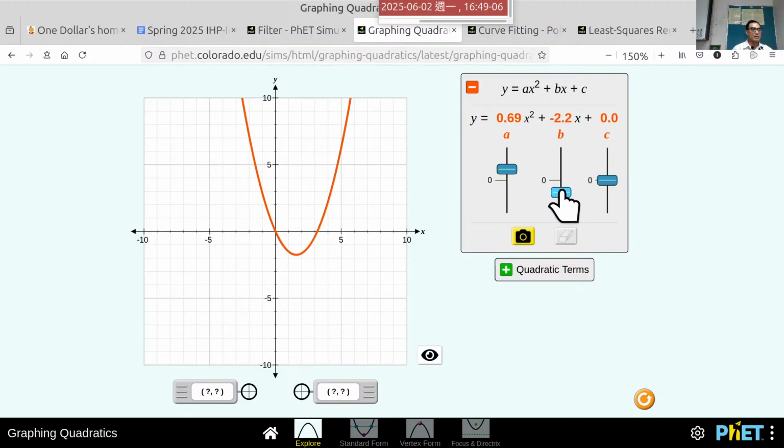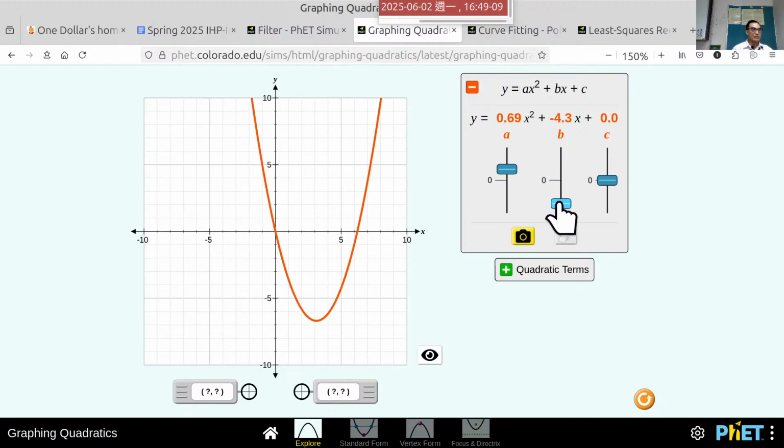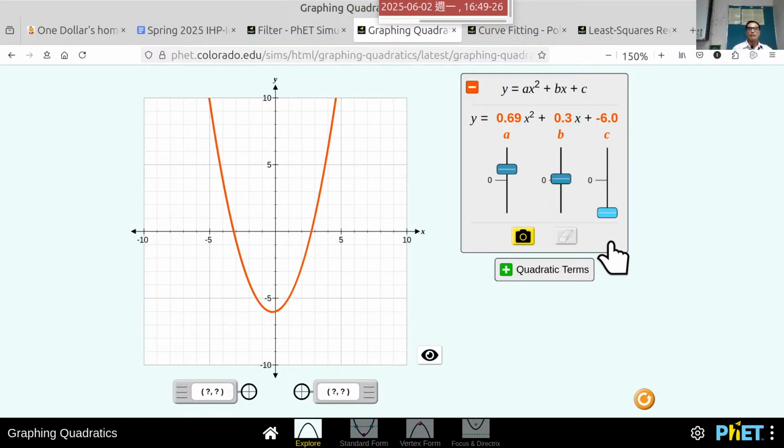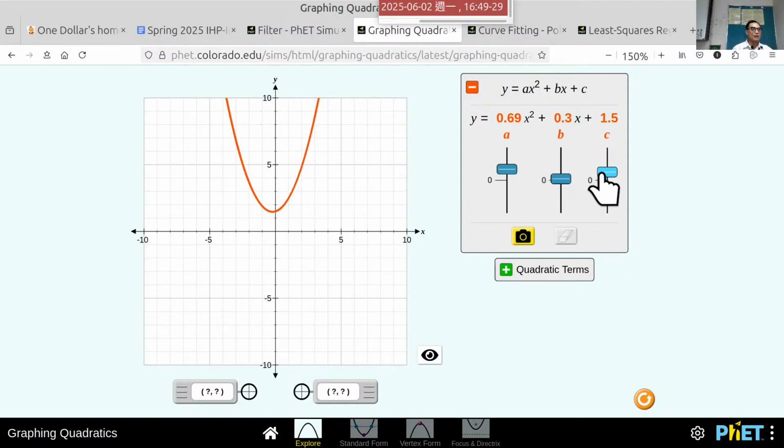Oh, interesting. Increase, decrease, increase, decrease. And how about moving c? Moving c, increase. Oh, the curve is going up. Decrease the c value. The curve is going down.